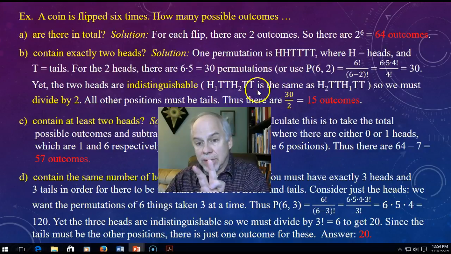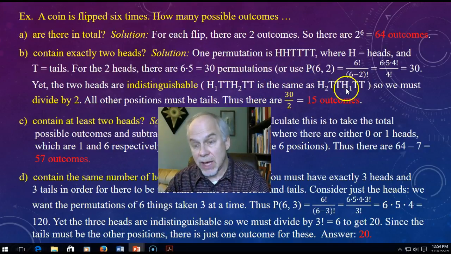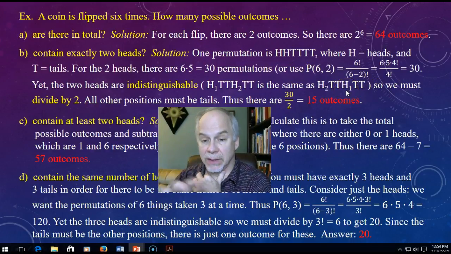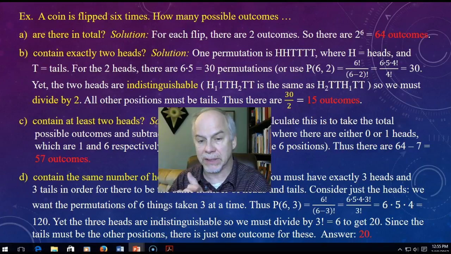Well, that's the same as putting the second head in the first position and the first head in the fourth position. So these two arrangements are really the same because they're not different letters. They're the same letter, just you're putting them in two different possible places.